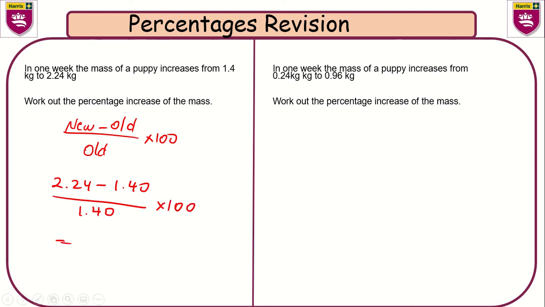And the rest is going to be some calculator work, unless you want to write down the simpler version of this, which is going to be this, okay? Now, make sure, when you're doing this on your calculator, make sure you're using the fraction sign.